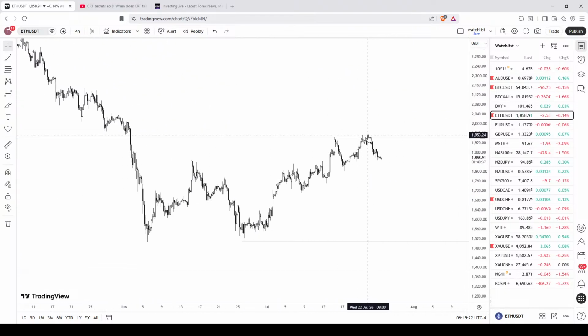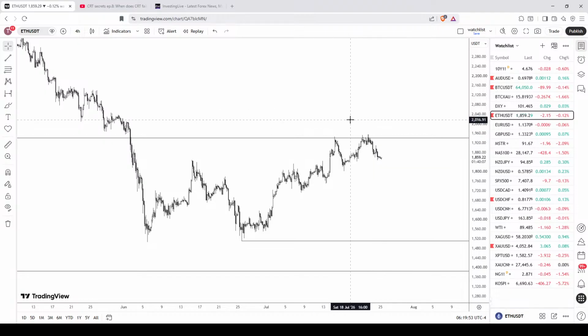And here we have a classic turtle soup of that previous high. This high has already been taken out. Now, this is the high. Was it this high? Let's go back, I'm just going to sneak a peek. Yeah, so it's the mid-June high. Bitcoin has yet to take out its mid-June high, whereas with Ethereum, we've already set up this topping pattern.